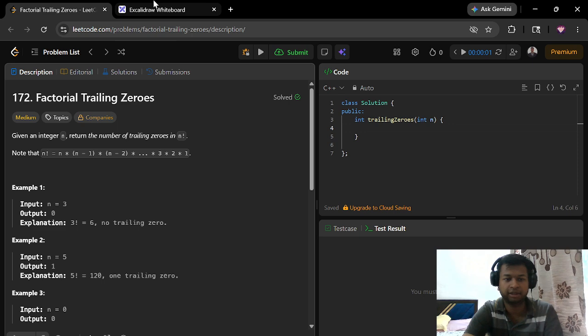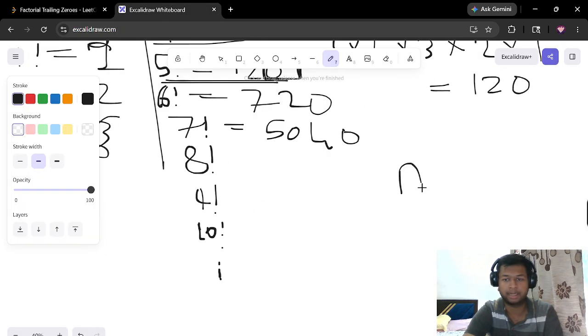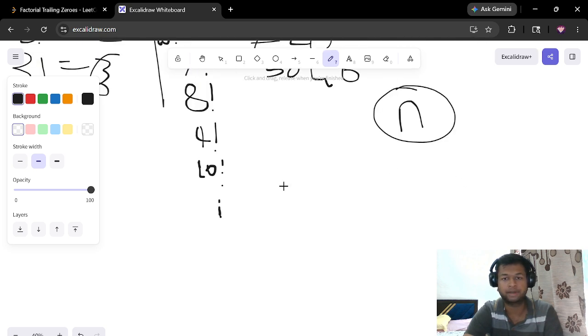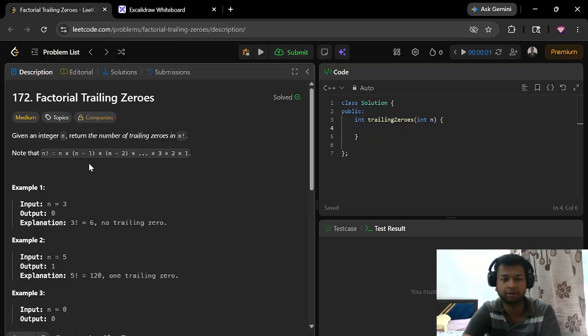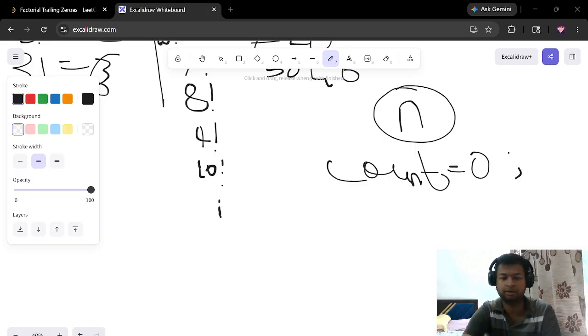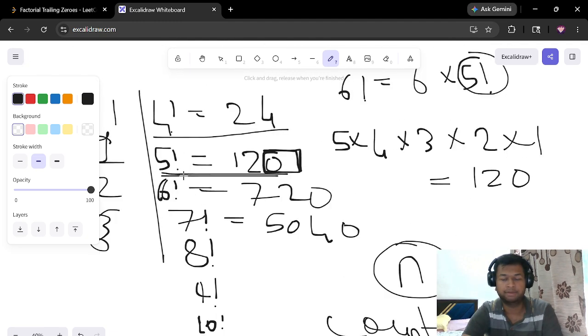Now for a particular given number n, we need to find how many trailing zeros it has. To find this, first we will take a count variable and initialize it to 0, as we do in every question where we need to find any count. Now the main concept here is that every trailing 0 starts from 5.